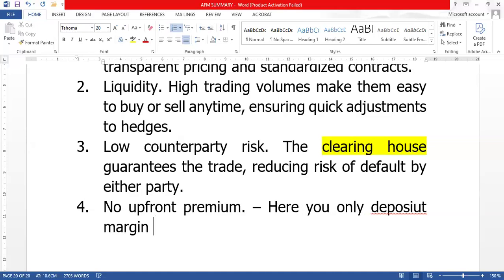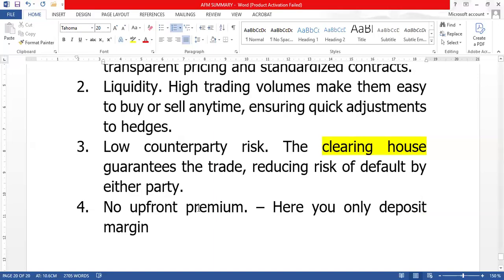One of the disadvantages of options is that you have to pay premiums, which is a bit expensive.